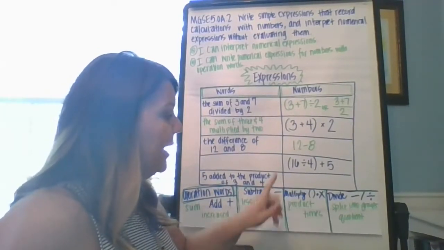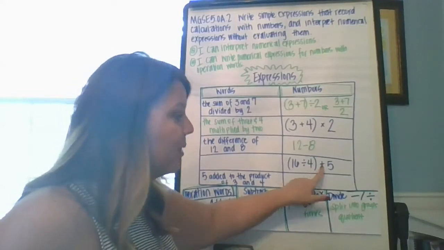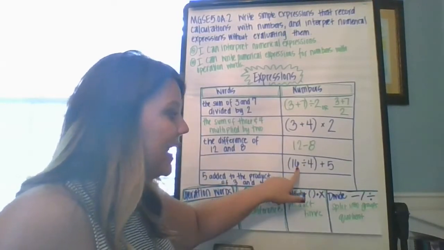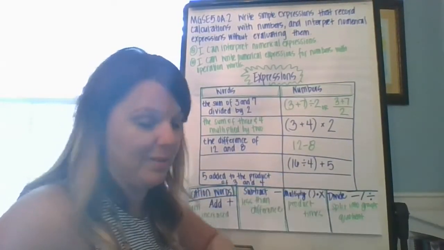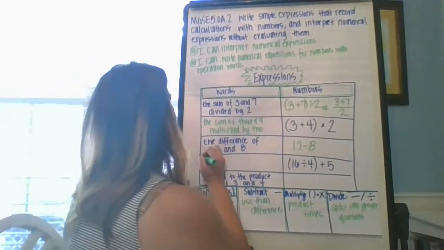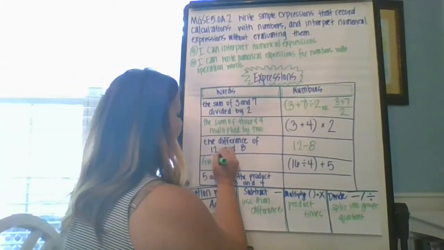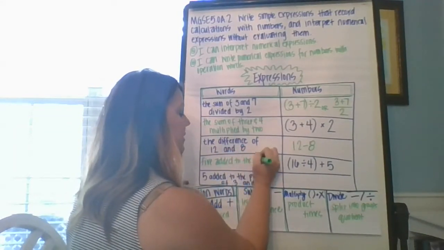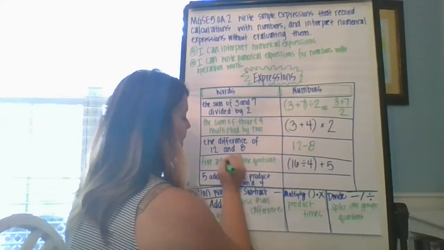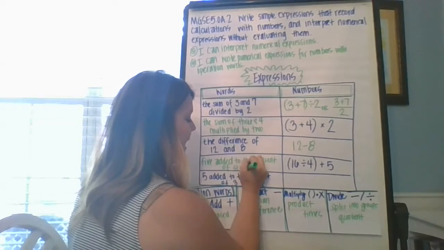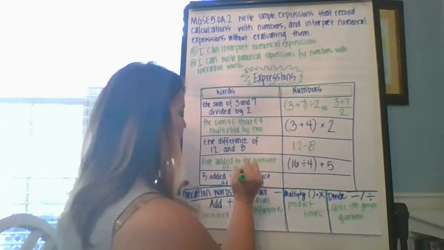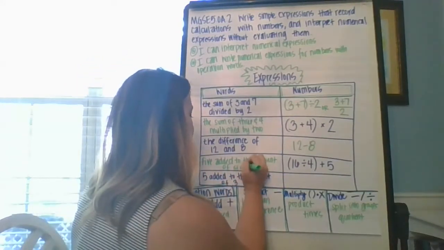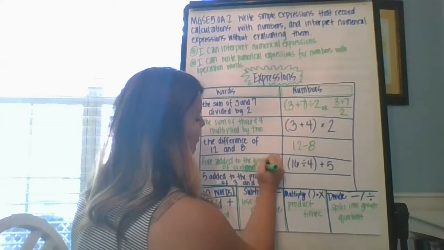All right, for the next one, we have 16 divided by 4, and then we're adding 5 to that. So I'm going to say the quotient of 16 and 4 added to 5, or 5 added to, I'm going to say that sounds a little bit better. 5 added to the quotient of 16 and 4.